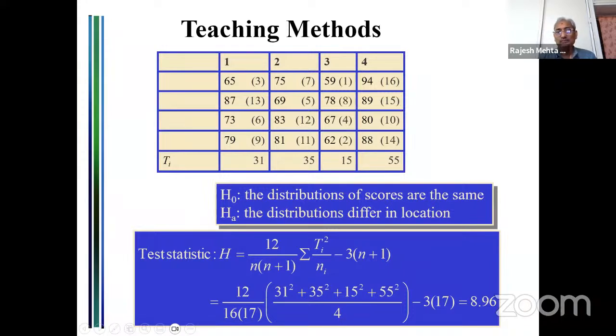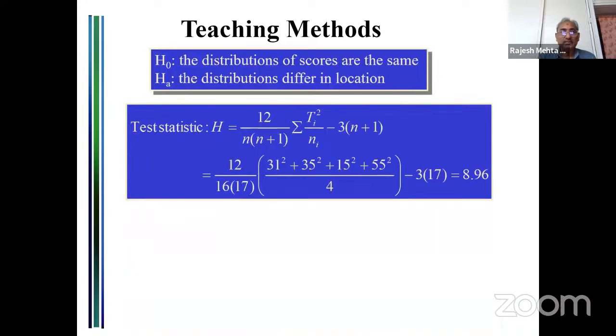It is not sample size, it's the number of samples, or you can say the number of sets of population from which the samples were taken. The number of samples is 4. And 3 is a constant times n plus 1, that is 17. So the answer is 8.96. That is the H statistic.